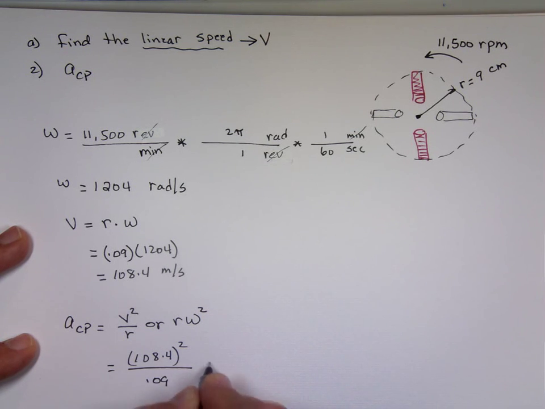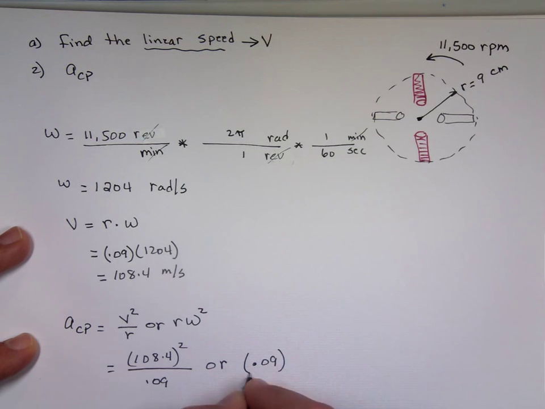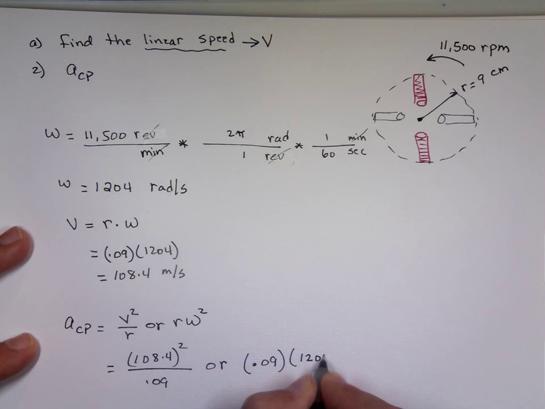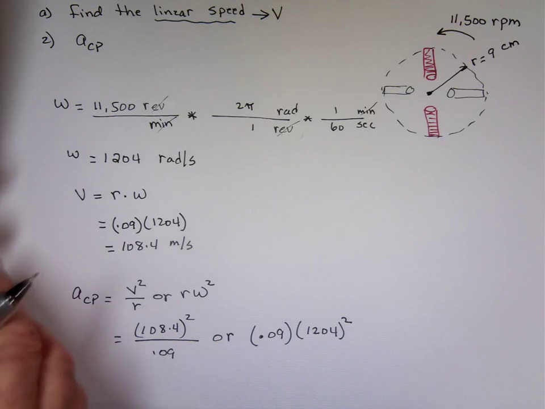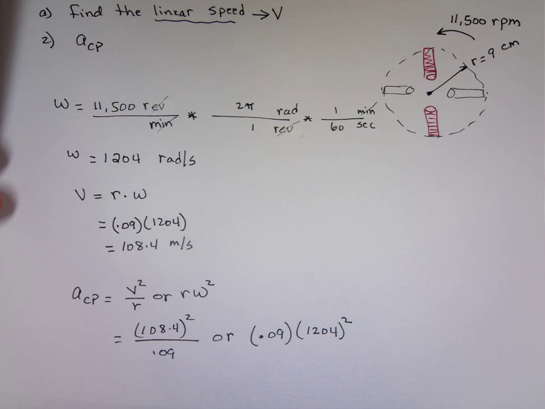Or 0.09, that's what R is, times W, which is 1204 squared. Either way. 108.4 squared divided by 0.09.